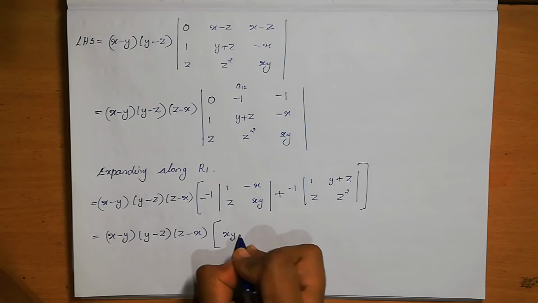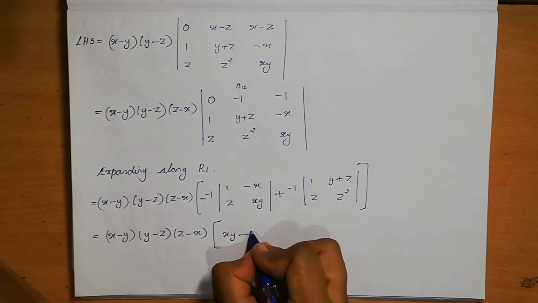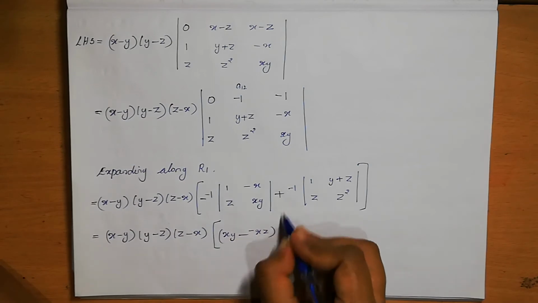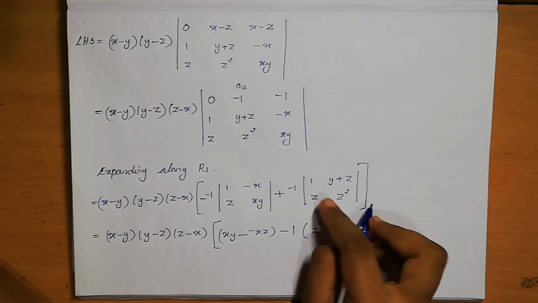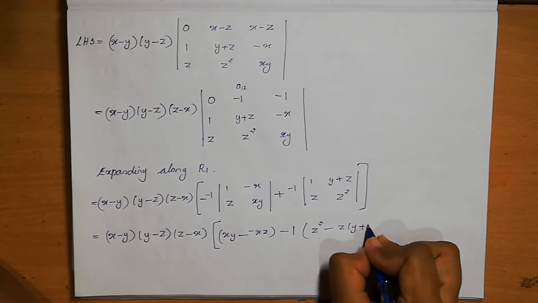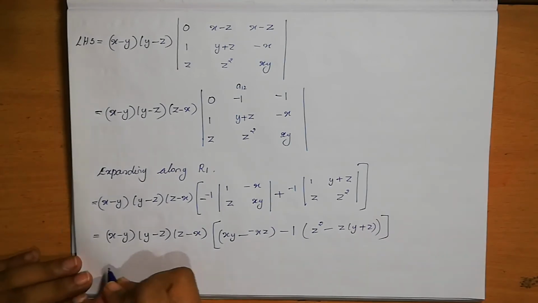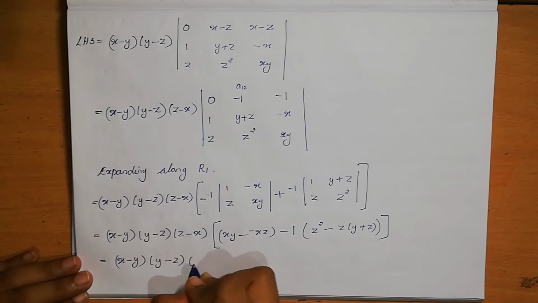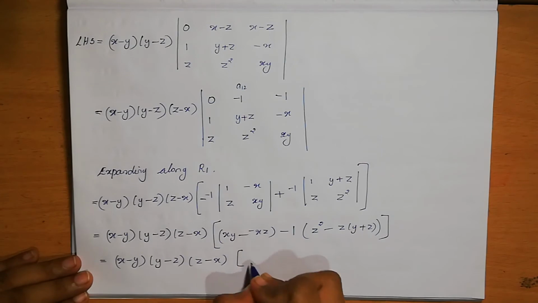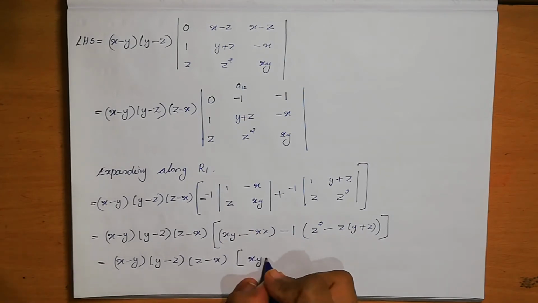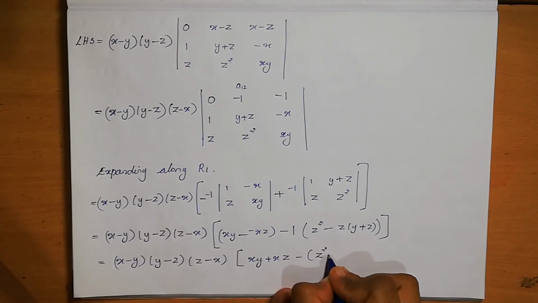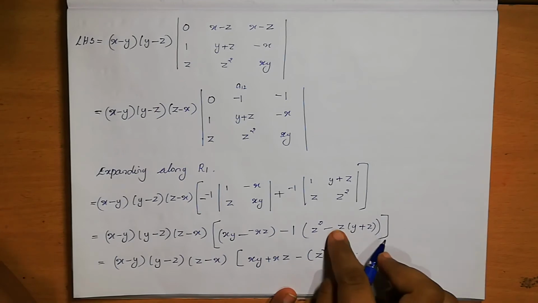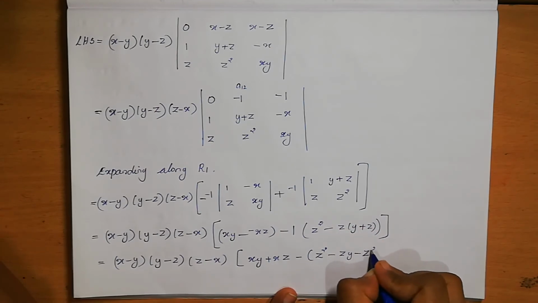1 into xy is xy, minus x into z is minus xz, this minus 1 in bracket, 1 into z square is z square, minus z into y plus z. Next we can open the bracket and simplify. X minus y minus z minus x, xy minus minus plus xz. Next minus this one, first we open the bracket inside: z square minus zy minus z into z is minus z square.